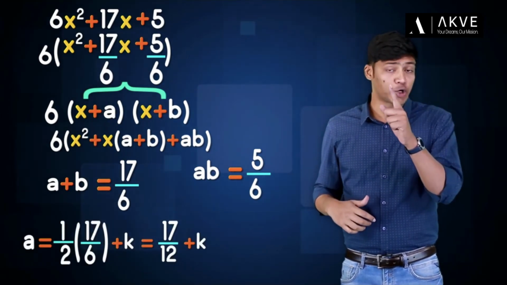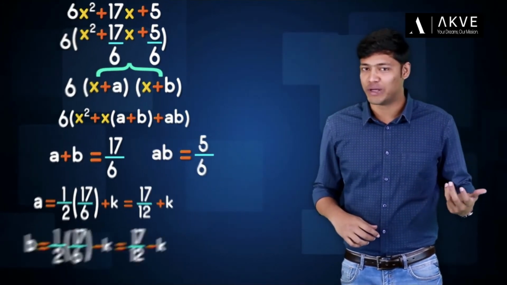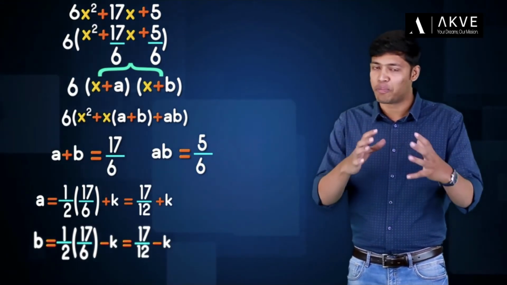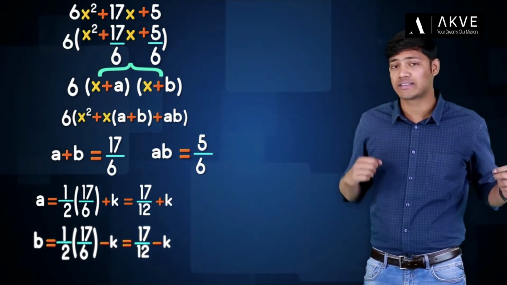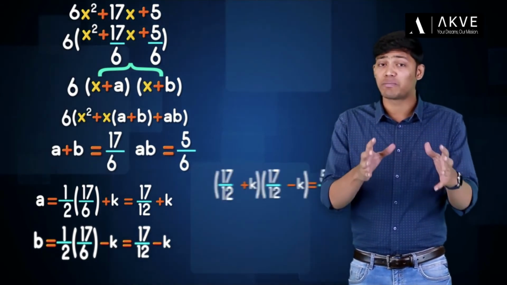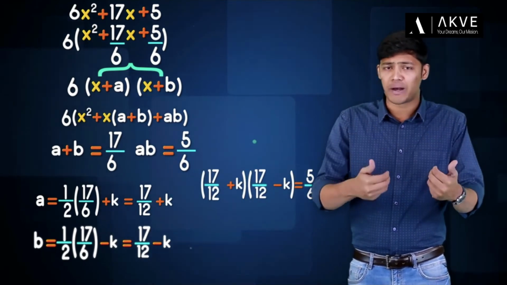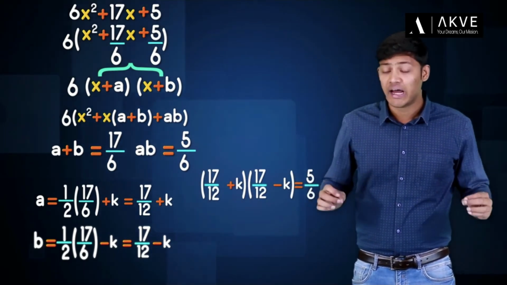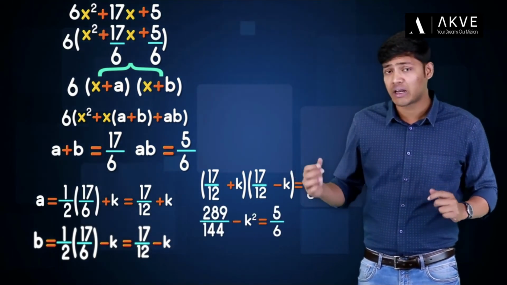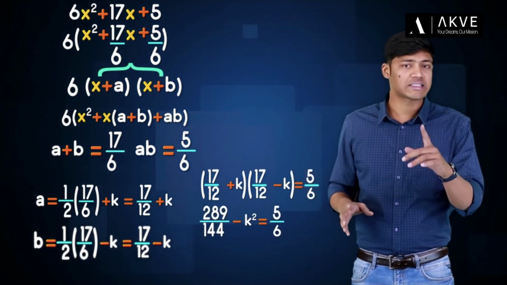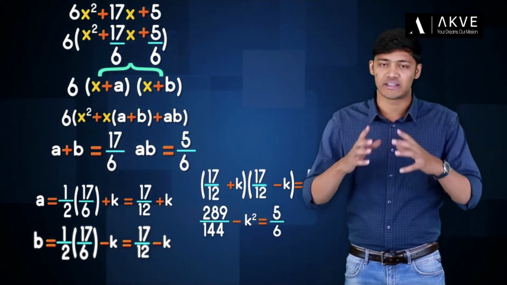Since a plus b is equal to 17 by 6, we will consider a to be equal to 17 by 12 plus k and b to be equal to 17 by 12 minus k. Now from ab equal to 5 by 6, we will get 17 by 12 plus k multiplied by 17 by 12 minus k equal to 5 by 6, which is nothing but 289 by 144 minus k squared equal to 5 by 6.